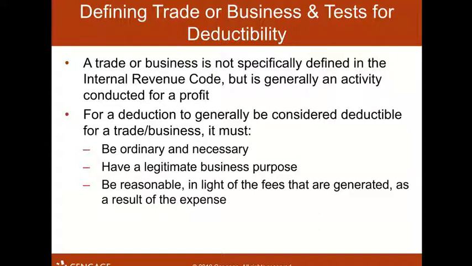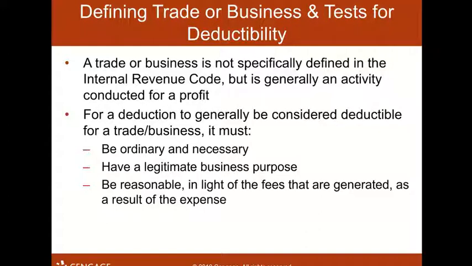For an expense to be considered deductible for a trade or business, it must be ordinary and necessary. This is a condition for deducting any expenses related to the business or trade. It should be ordinary and necessary, which is mainly required for the business to be conducted; have a legitimate business reason or purpose, so it should be achieving a specific purpose for the business.